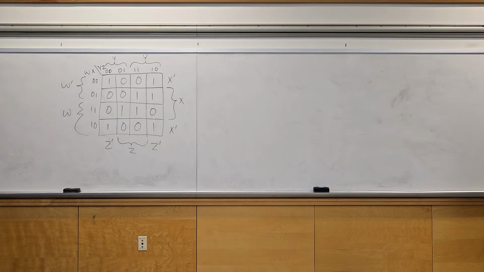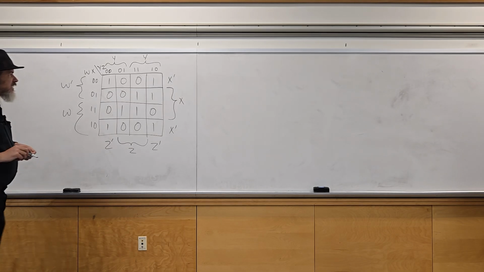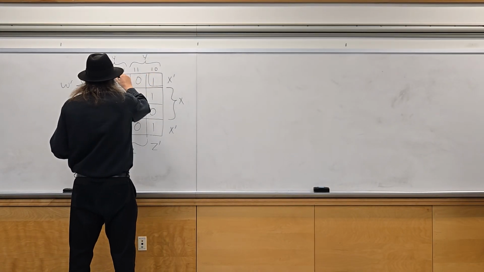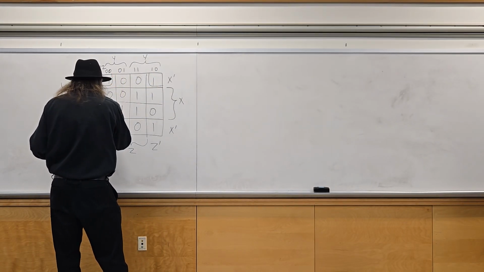Now here we have that situation where you wrap around from the top to the bottom and from side to side. So you have this group of 4 here that is the 4 corners.